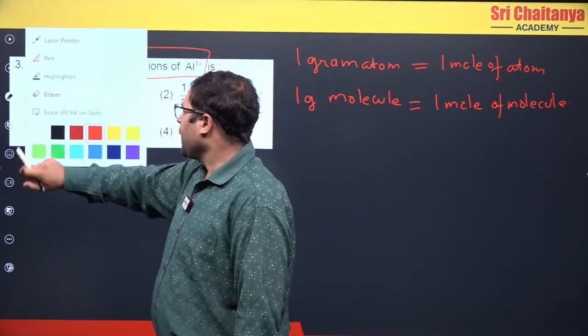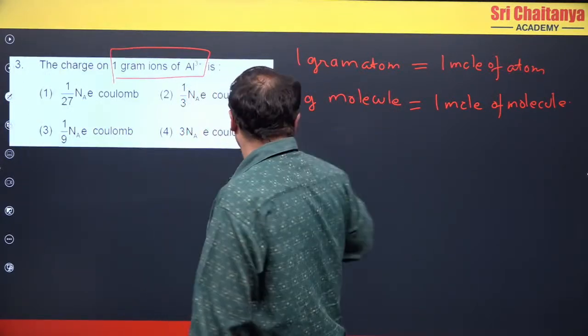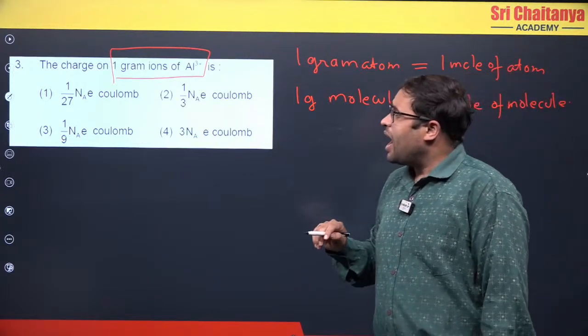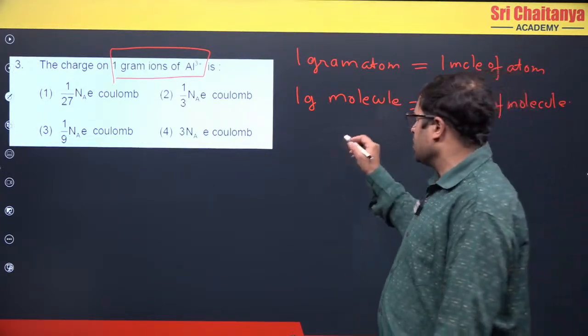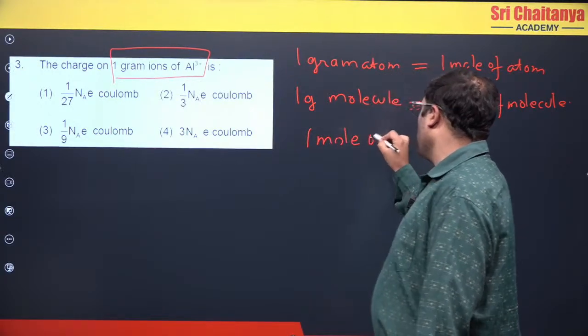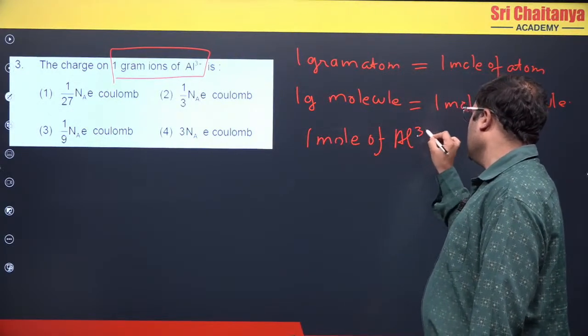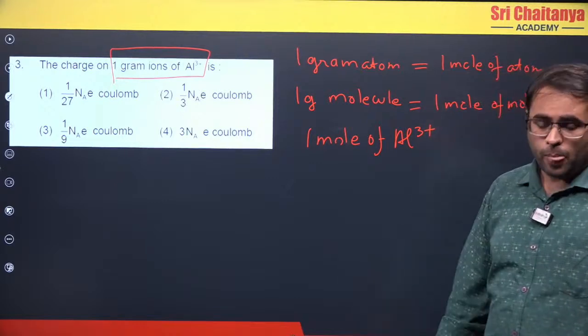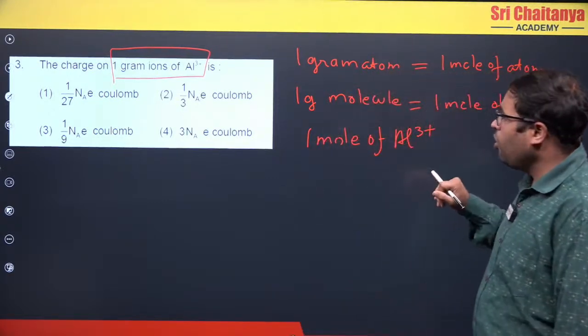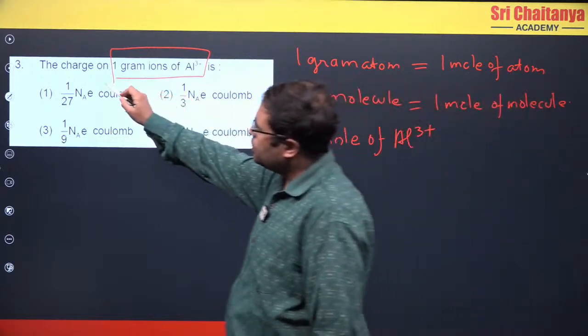So now, 1 gram ions of Al3 plus, right? What I'm talking about is 1 mole of Al3 plus. Now they are talking about the charge.